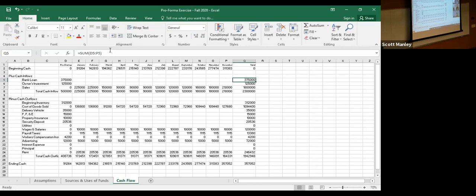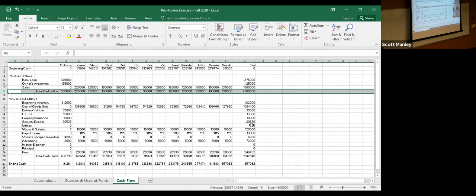So your formula needs to encapsulate all of those cells to the left of it, okay? When you get here to total cash inflows, right, I don't want to lose that. When you're looking at your total cash inflows, remember we're totaling everything to the left of it, and we're totaling everything down, right? So we're totaling stuff across and down.